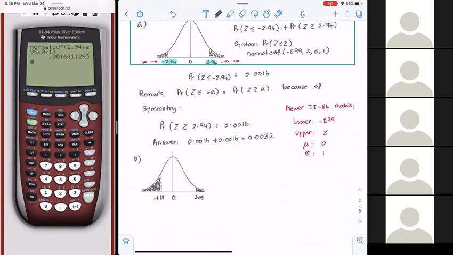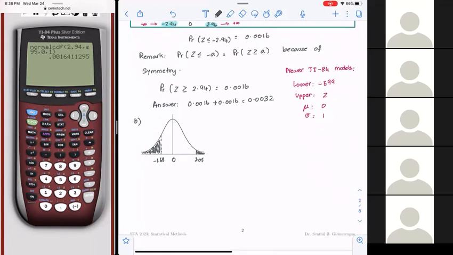So you can look at this picture and gauge what the answer could be. On the left-hand side, the area definitely has to be below 50%. The area on the right-hand side has to be very, very tiny. So the answer that we're looking for has to be less than 50%. So let's see if that is true.